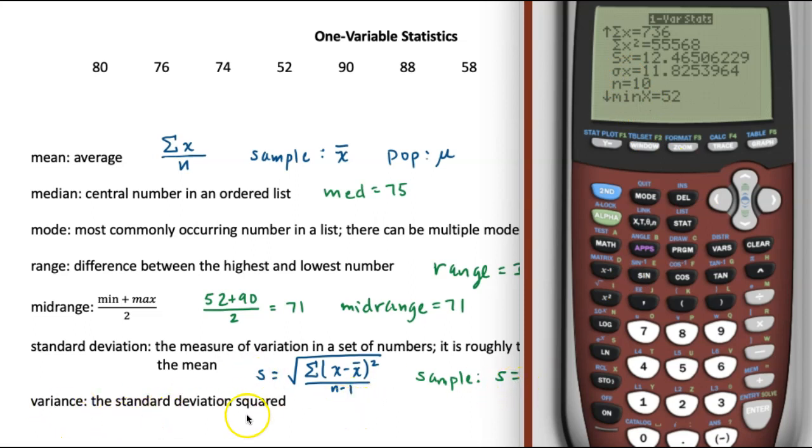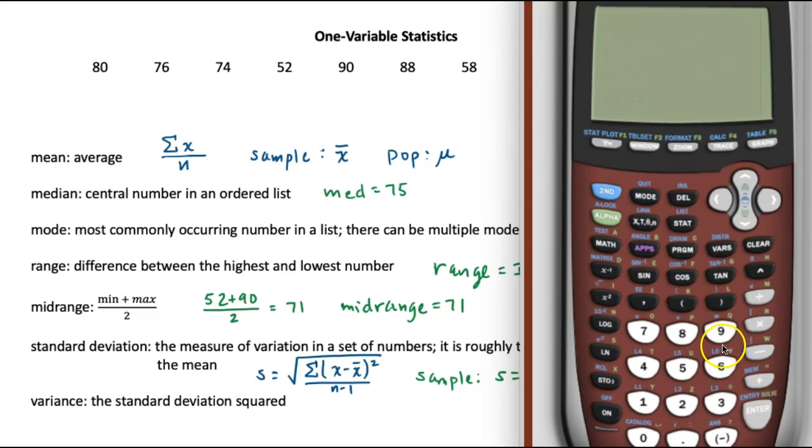Now the variance is just the standard deviation squared, and I won't really talk about what that is because we'll get into that much more in this class, but using our one variable statistics, we're just simply going to square the standard deviation. And I'm going to use another few decimal places just so that variance is also accurate to 2 decimal places, and so I'm going to square the value 12.4651.